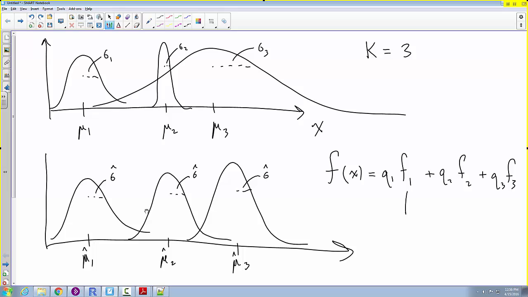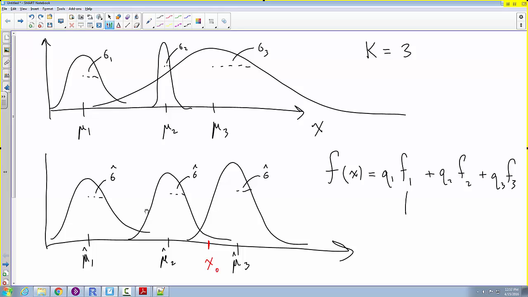So if you can estimate those things from your training data, then when a new observation comes in, PSA is, let's say, that X that we observed for somebody. There's multiple ways to think about it, but basically we'd like to ask which of those three distributions that X is most likely to have come from.